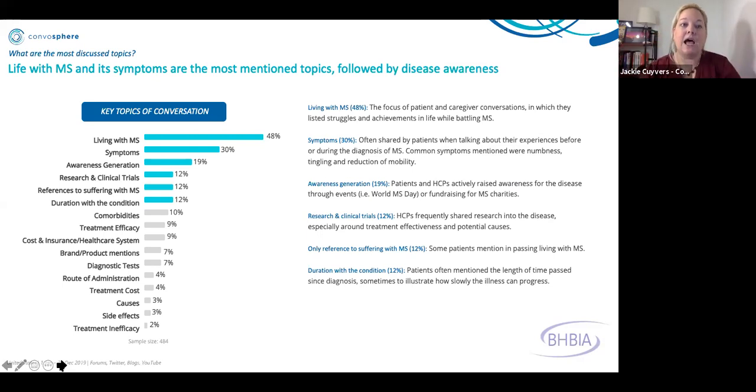In this case, we're able to identify that some of the key drivers of conversation are the day-to-day struggles of living with MS, the symptoms that people experience, awareness generation, so raising awareness, awareness days, so World MS Day, and fundraising for charities or individual treatment, and to a lesser extent, research and clinical trials, etc. This is important because living with MS and the symptoms are clearly big drivers of conversation.